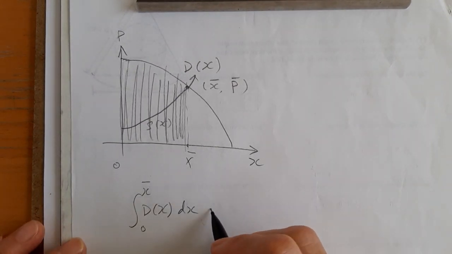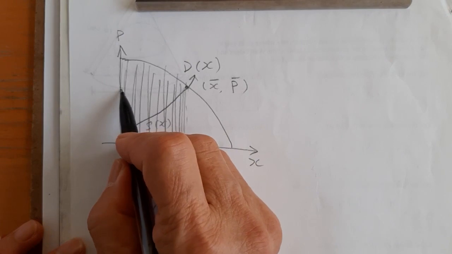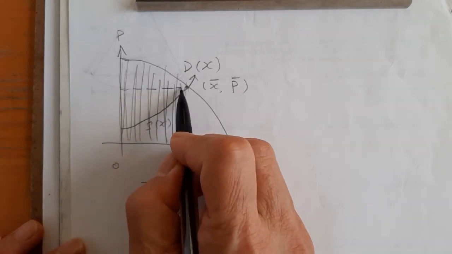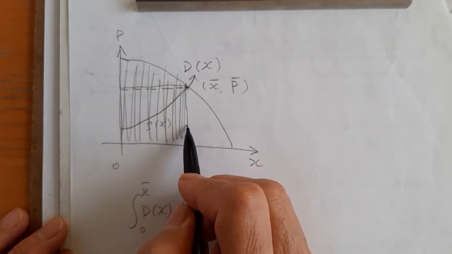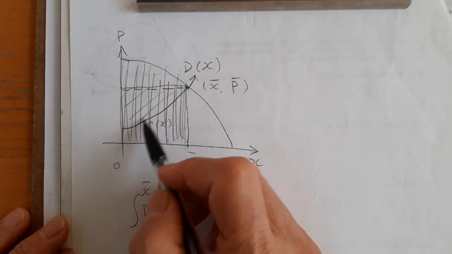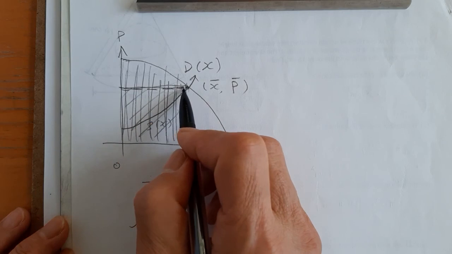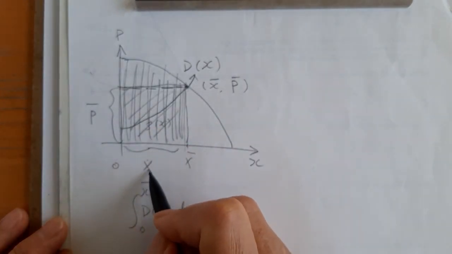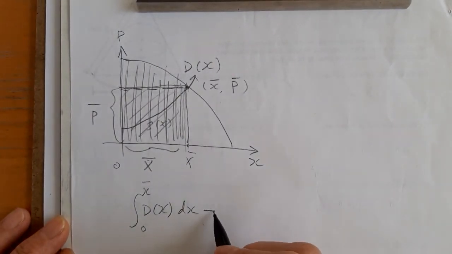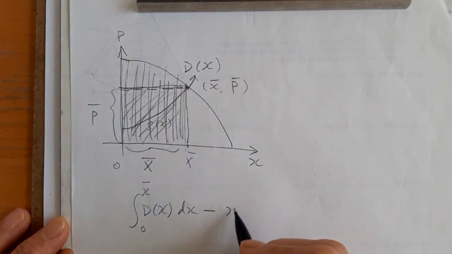Then you have the surplus, which is over this. The market price is here, it's x bar, here is x bar, here is p bar. So minus this area, x bar times p bar.